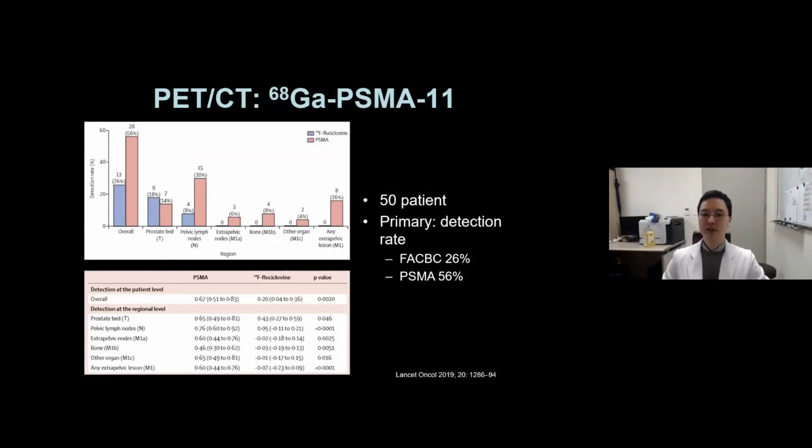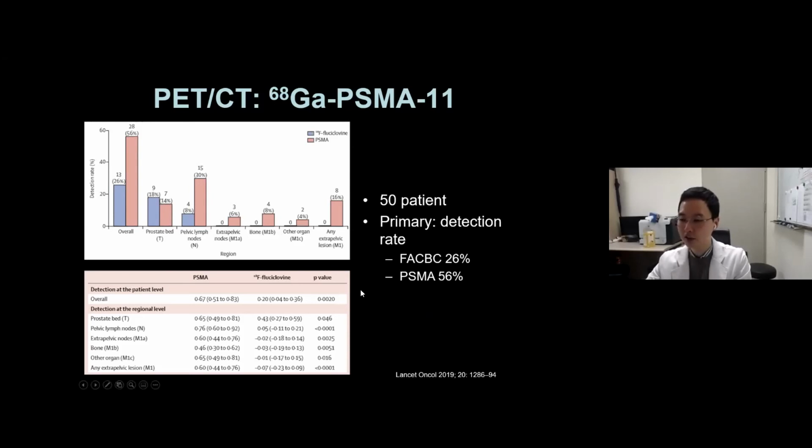And another recent study is a prospective single center comparative study, which compares the gallium PSMA to the fluciclovine FACBC. And as you can see, it enrolled 50 patients, and the primary endpoint was the comparison of the detection rate.